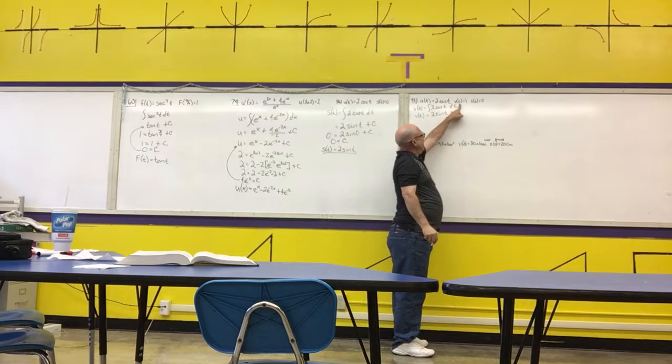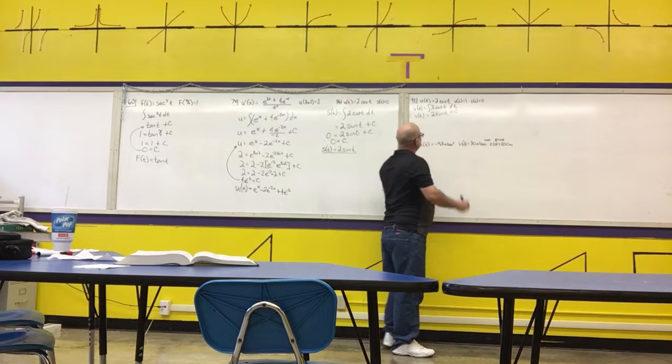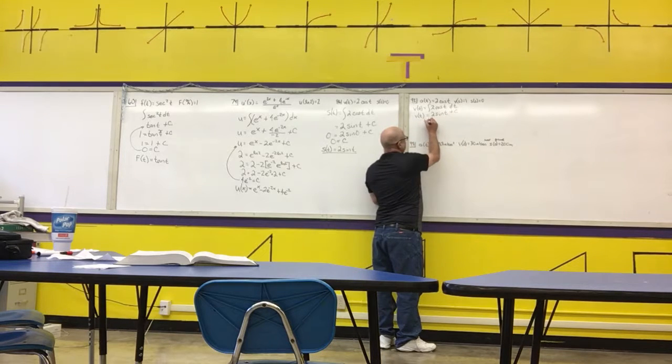They tell me that when time is equal to 0, velocity is equal to 1. So I get 1 is equal to 2 sine of 0 plus c. Sine of 0 is 0, so I get c is equal to 1.